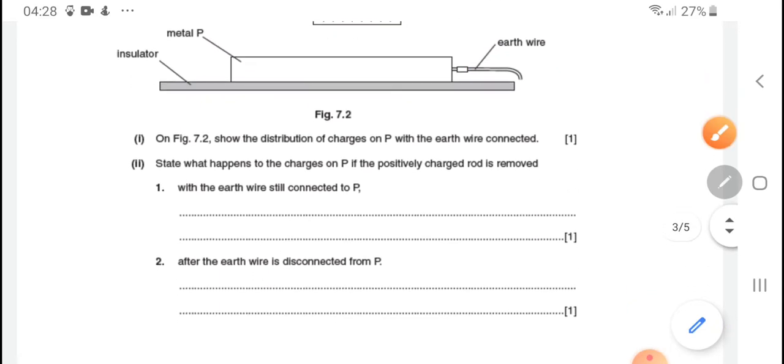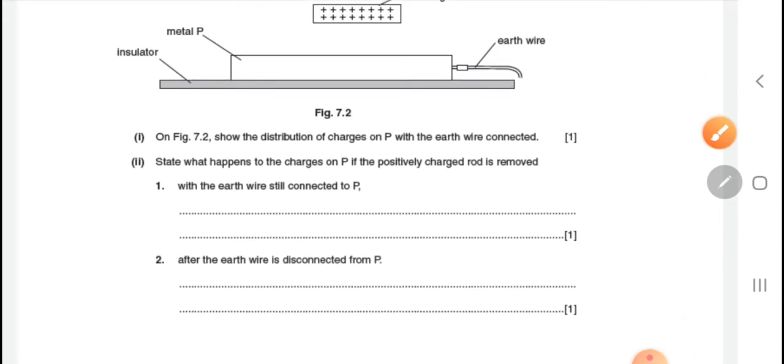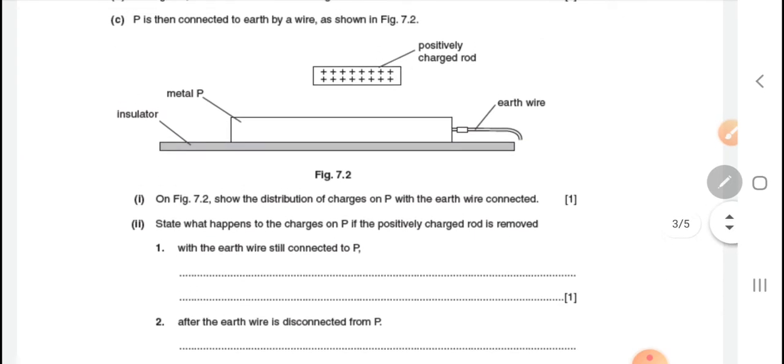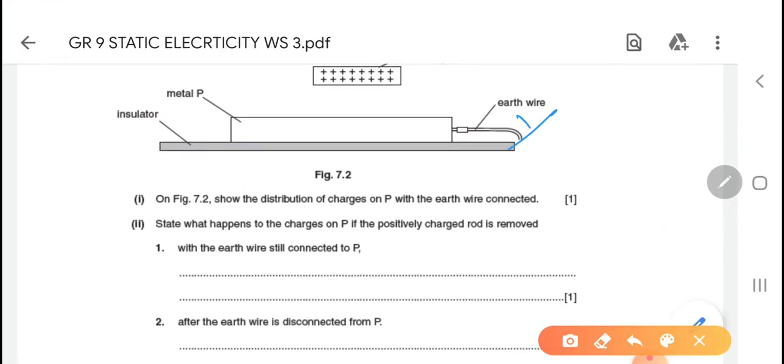So the second part says after the earth wire is disconnected from P. First we are disconnecting the earth wire, then we are removing the rod. Then what will happen to the negative charge remaining here? In that case, the negative charge will remain. Negative charge cannot flow back to earth because the earth wire is not there, since we first removed the earth wire and then removed the positive charge rod.